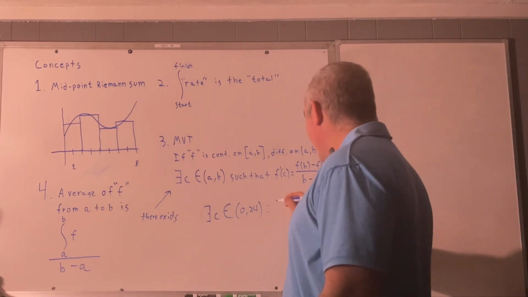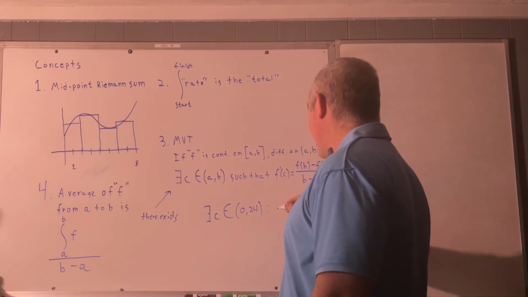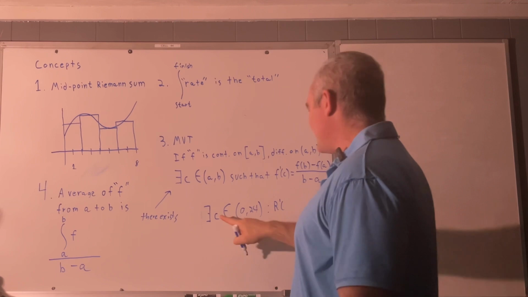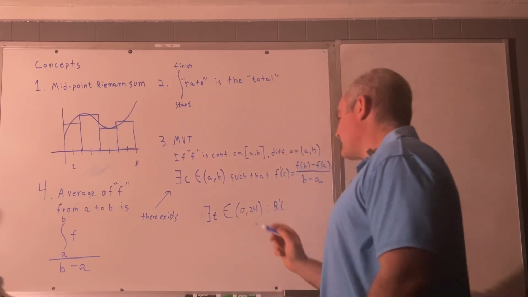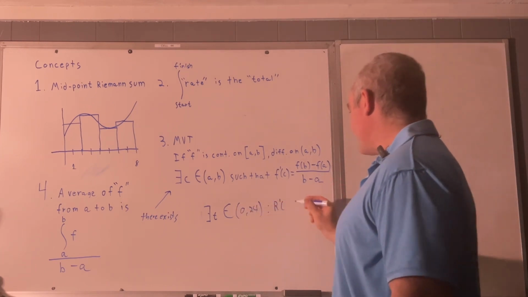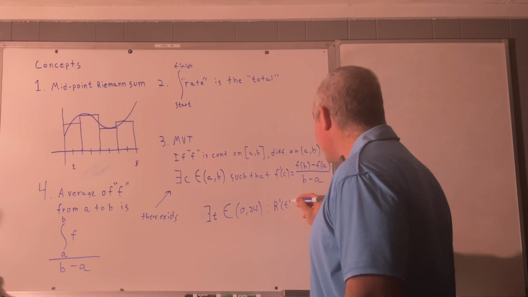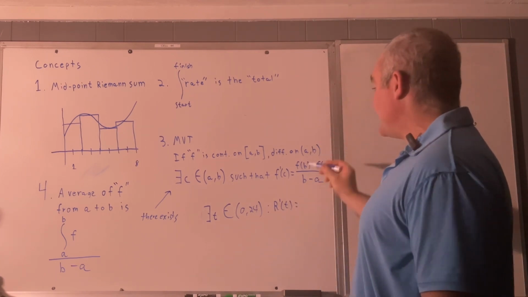f, well, in our case, our f is r. So such that r prime of, and what are we actually using? We're not using c, we're using t. So there exists some t on the interval 0 to 24 such that r prime of t is equal to f of b minus f of a over b minus a. What is b?